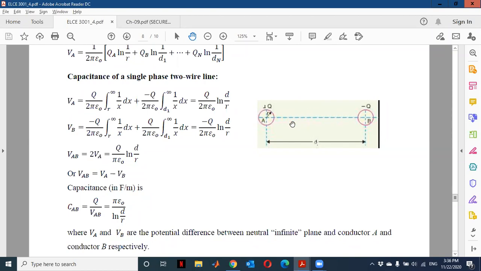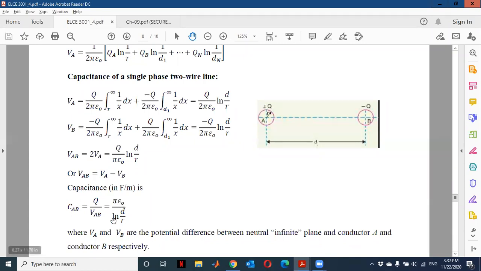The value of this capacitance is calculated using CAB equals pi epsilon naught over ln d over r. Don't forget epsilon naught is the permittivity of free space, which is a constant.